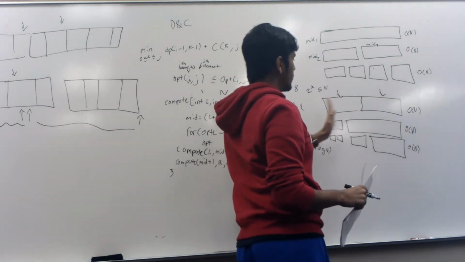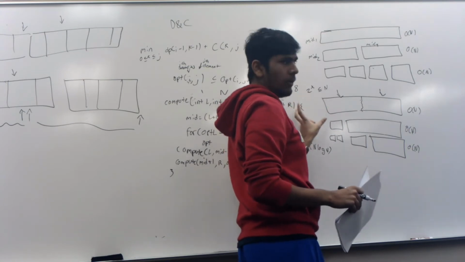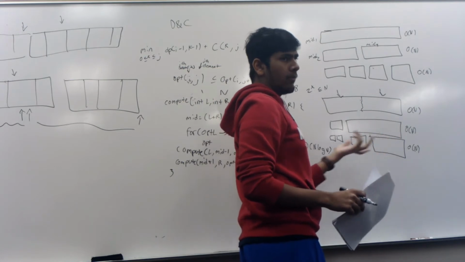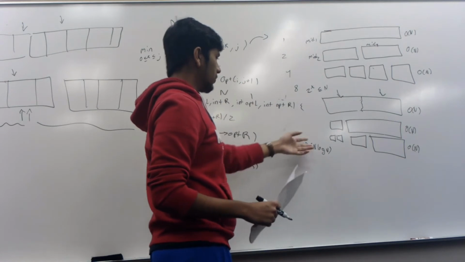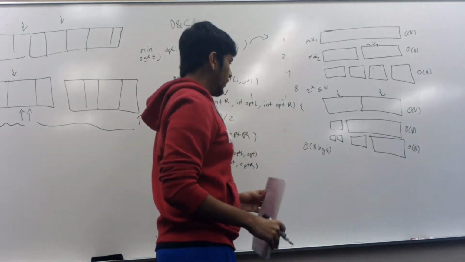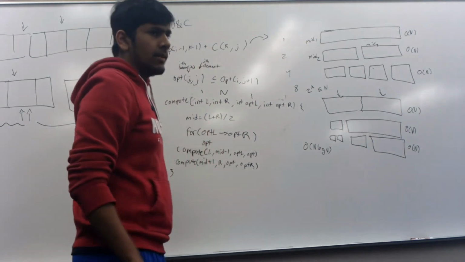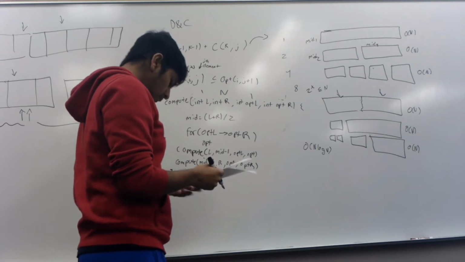If it's skewed to one side really heavily, that just makes that guy's range really small and this guy's range really big, but it still adds up to O of n total. And so that's why it's O of n log n. It's O of n per layer and there are log n layers. So does that make sense?